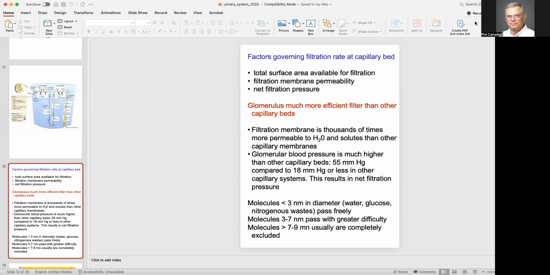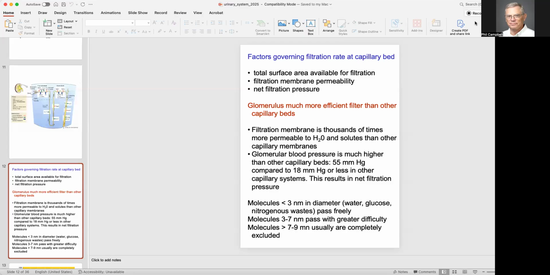And we'll get there. Now, what also is important is the net filtration pressure. We'll discuss where that comes from. But again, it is unique to the glomerulus. And basically, the filtration membrane itself is thousands of times more permeable to water and solids than any other comparable capillary membrane, which we've already covered prior.